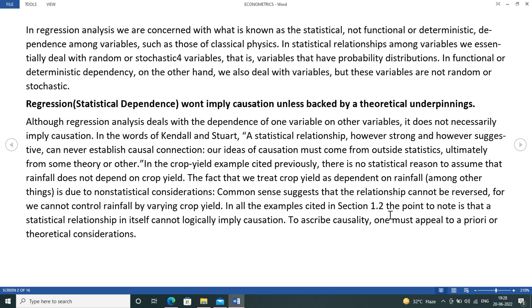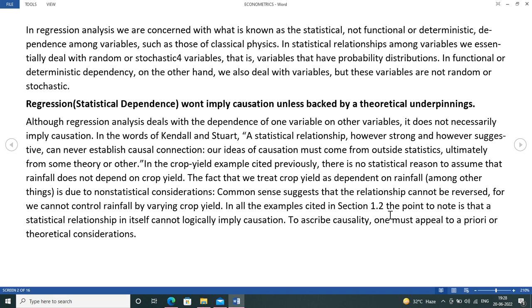So if you are doing regression and you are able to find the statistical dependence between two variables, for example, the statistical relationship between consumption and income, that doesn't mean you have established a causation. For example, income determines consumption and consumption determines income.